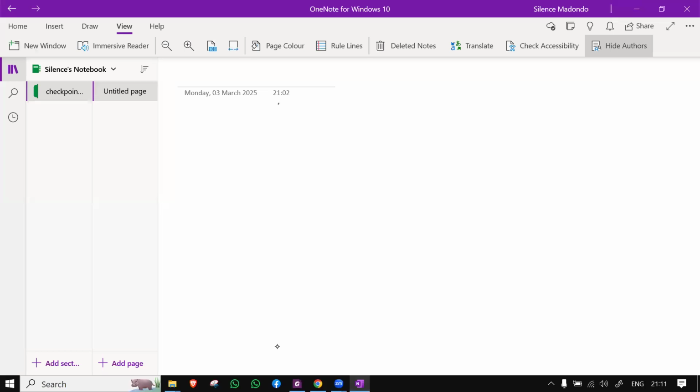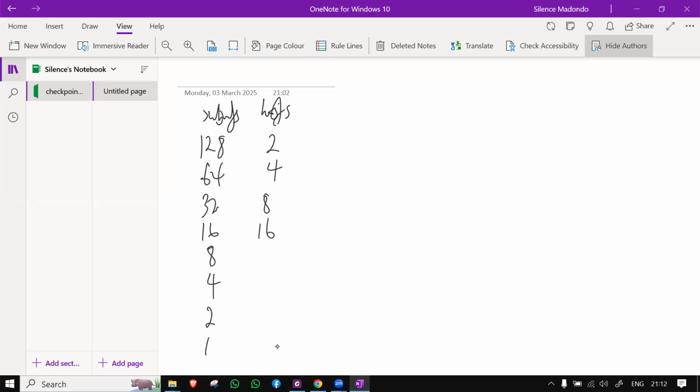So very easy. Let's use our table. Our table says we have 128. So these are the number of subnets: 128, 64, 32, 16, 8, 4, 2. Again, it's row of 1. We'll remove it later. So here we have number of hosts. So we can have 2, 4, 8, 16, 32, 64.